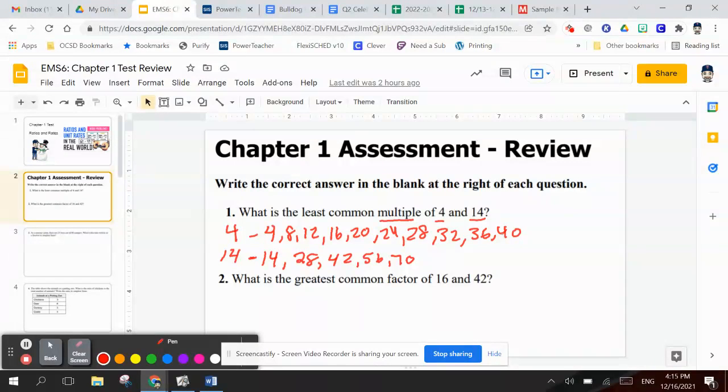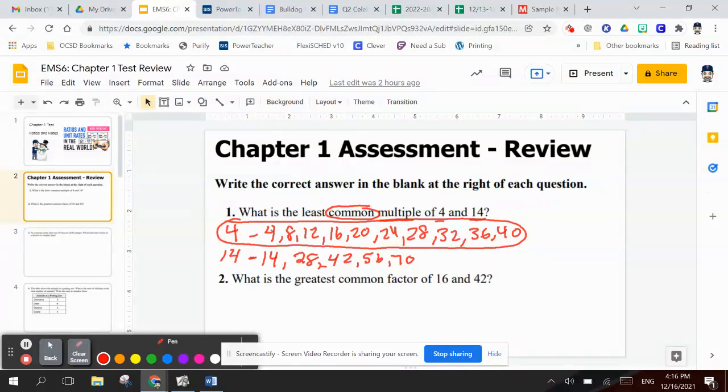See how those numbers got real large, real big. So those are all the multiples. Now I want to circle all the ones that are common. Which ones are here in 4 that are also in 14?